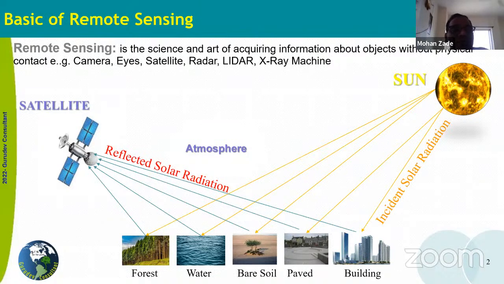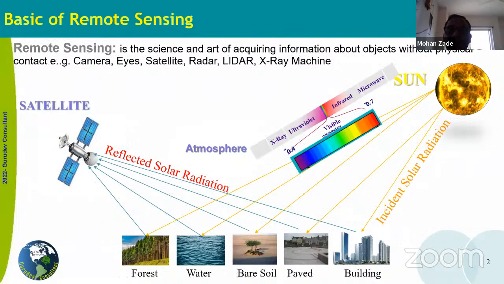Actually, it is not the satellite that captures, but the sensors on the satellite. The sensor captures the reflected solar radiation and records the measurements in terms of some units. These units form a special structure called a raster, and the data is then stored in different forms.